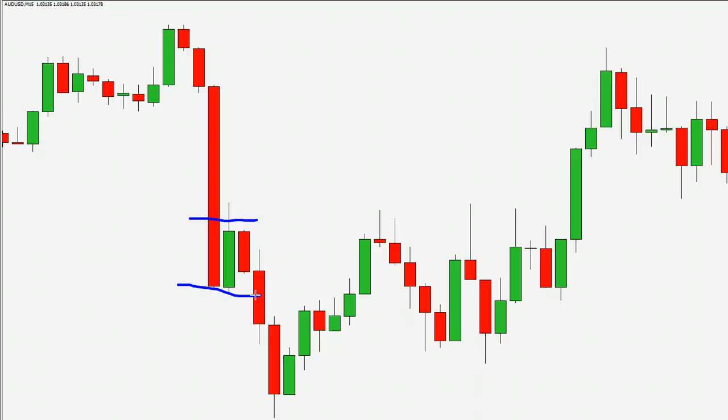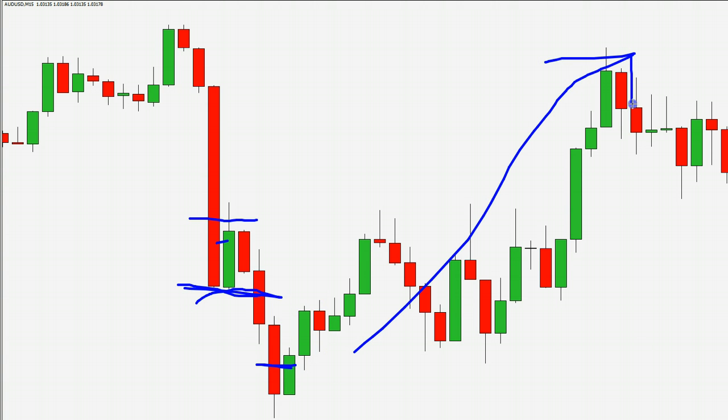Nothing is working 100% of the time. This inside bar did not work, but this one did, so overall you'd be 50% on these two examples. If your winner was bigger than your loser, which your loser here would have only been 25 pips, and your winner here looks to be much more than that, then if you get 50%, over time you're going to be a profitable trader.